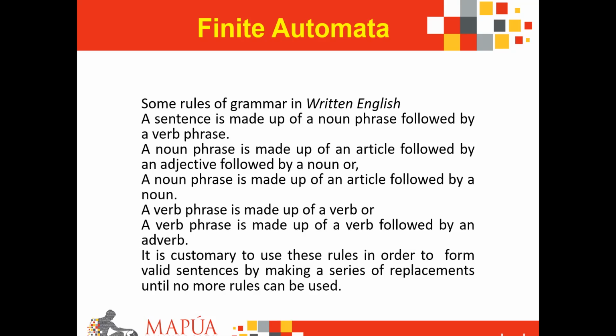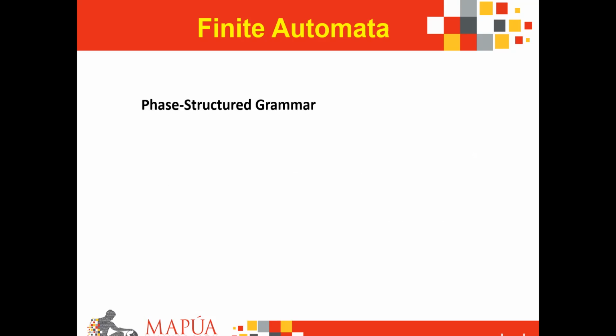And it is often customary to use these rules in order to form valid sentences that are acceptable by making a series of replacements until no more rules can actually be used.